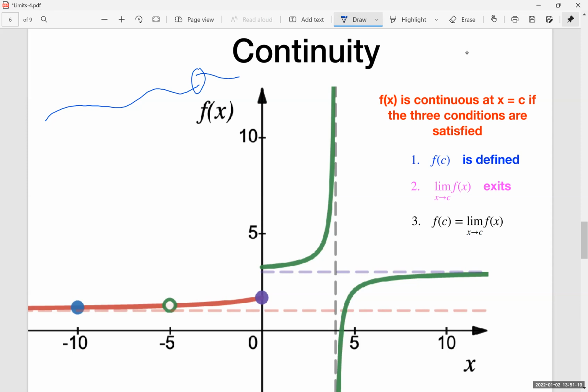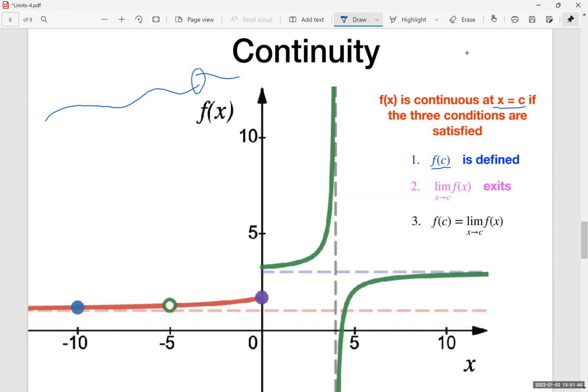So how is continuity defined? A function f of x is continuous at a point x equal to c if three conditions are satisfied. The very first and foremost condition is that f of c is defined.